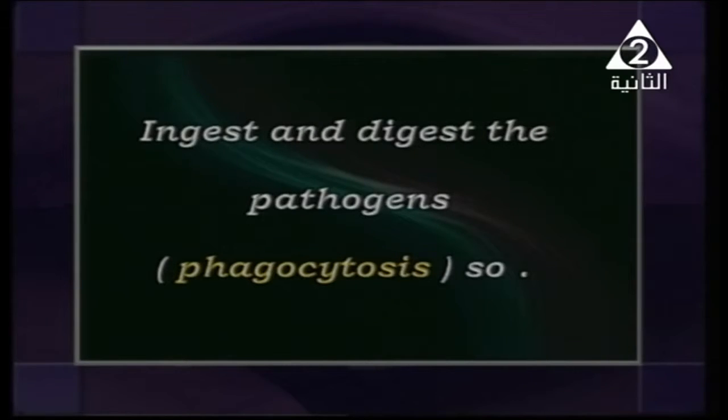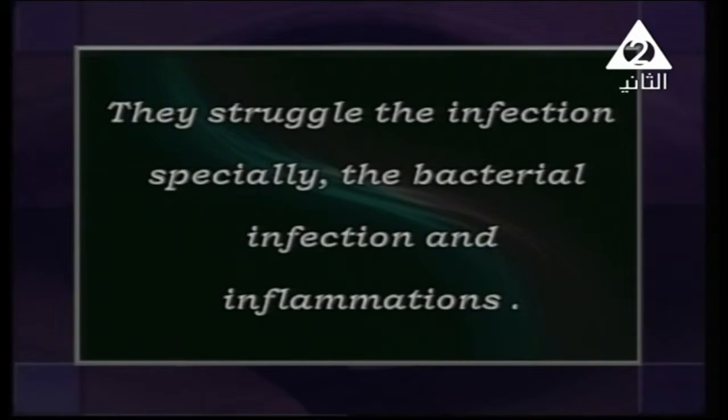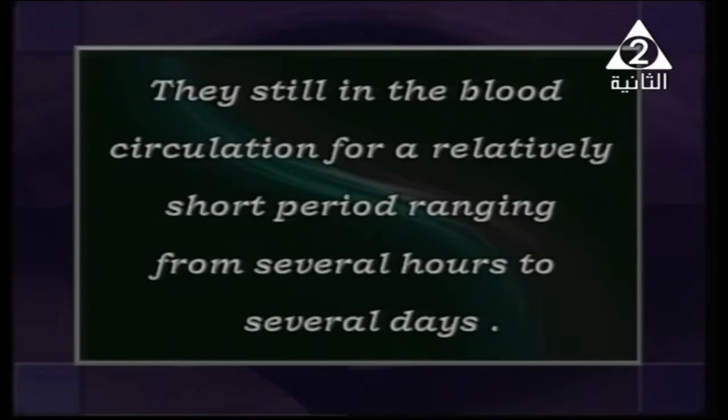Phago means to engulf something, and cytosis means to lyse it. They also fight infection, especially bacterial infection and inflammation. They also stay in the blood circulation for a relatively short period, ranging from several hours to several days.